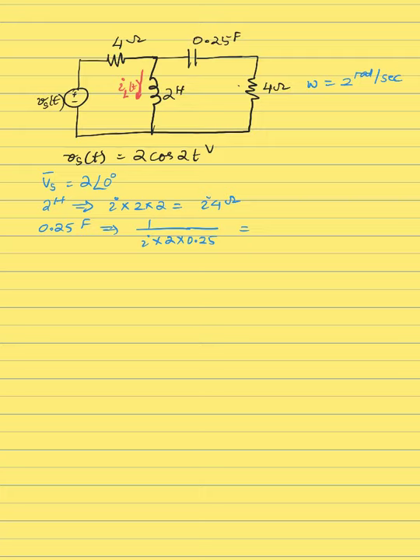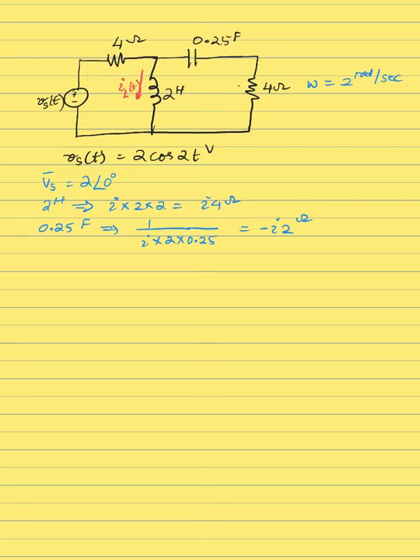So what is the capacitor changed to? Negative j, and 1 over 0.5 is 2, so negative j2 ohms.